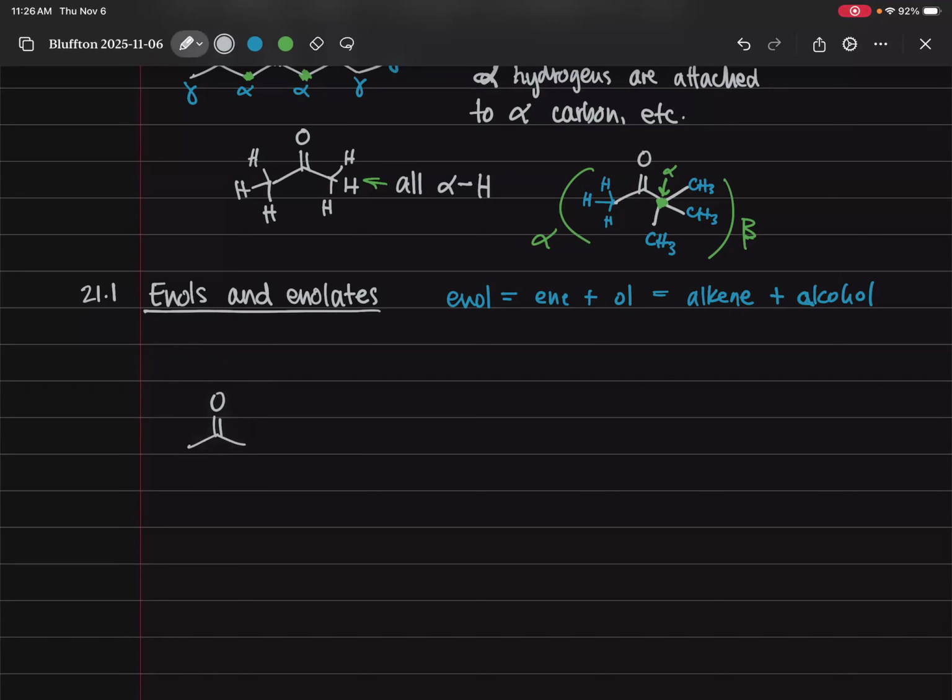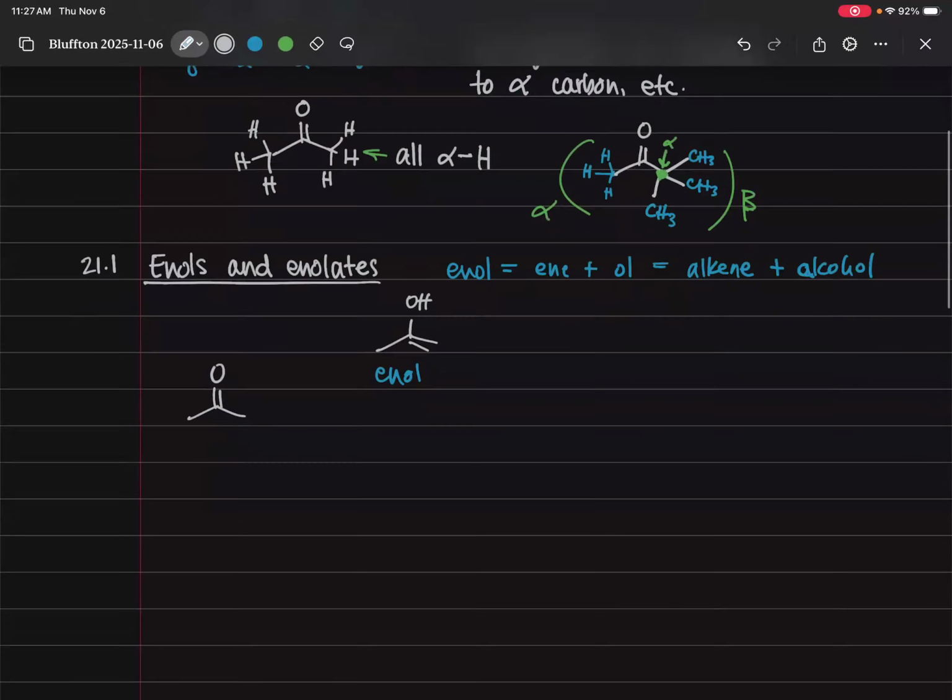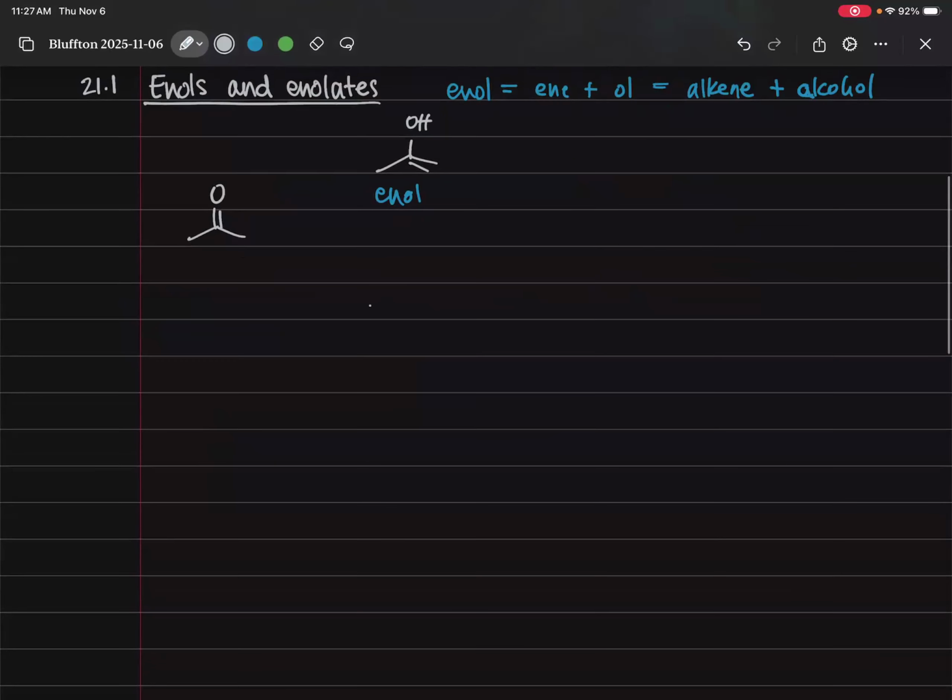If we have a structure like this with an alkene and an alcohol attached to it, that's an enol. And an enolate is just the deprotonated form of an enol.